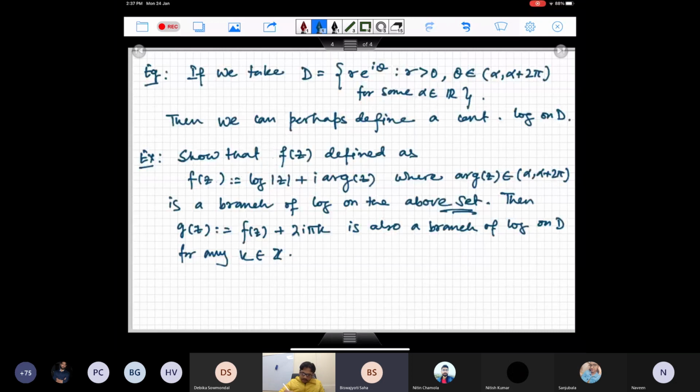But if you define a new function g, which is just translated by 2i pi, that is also going to be a branch of logarithm.